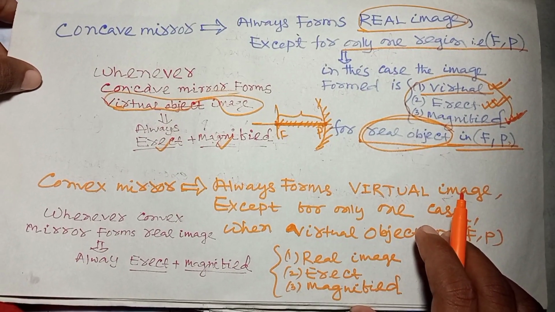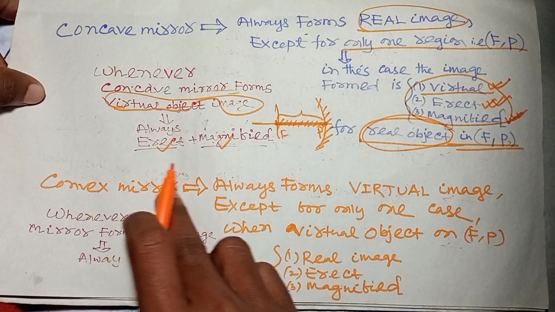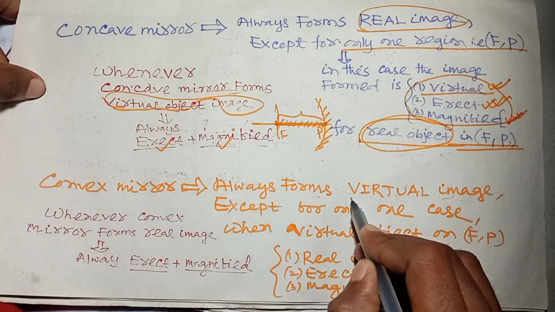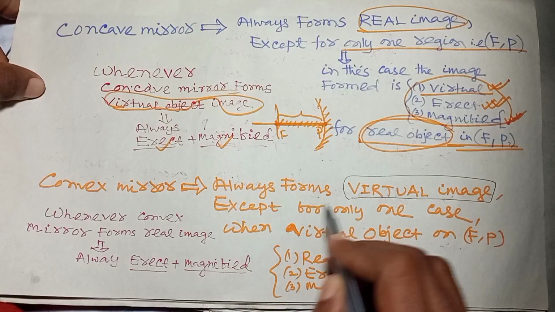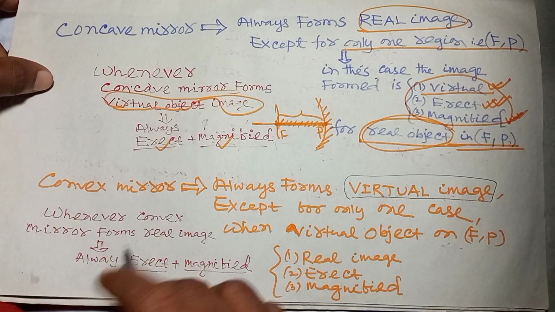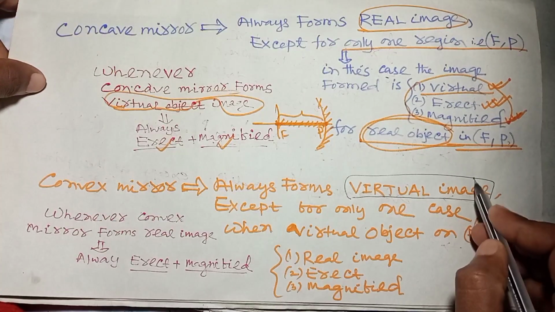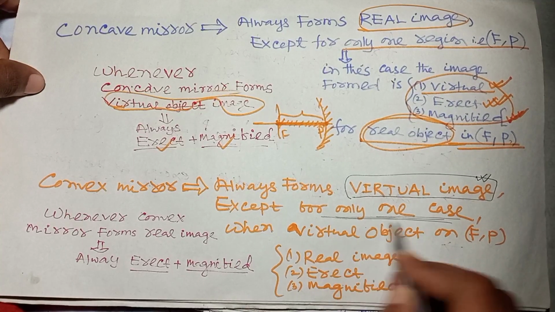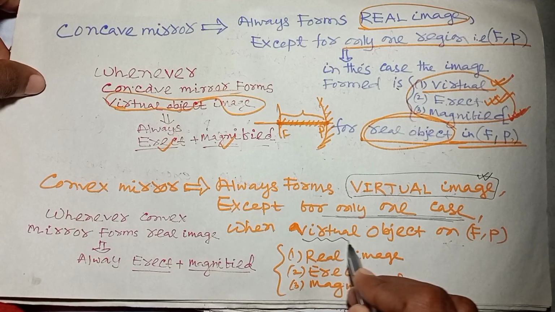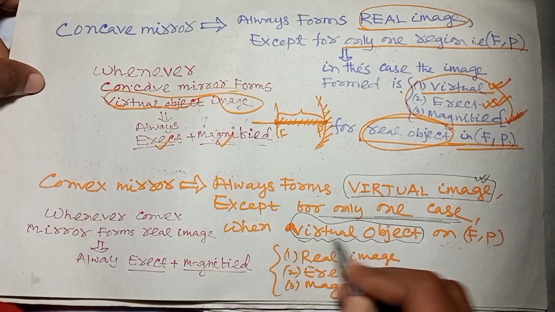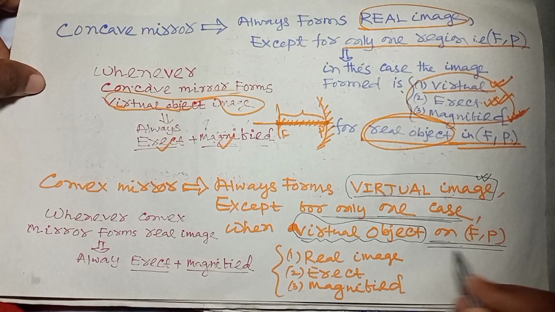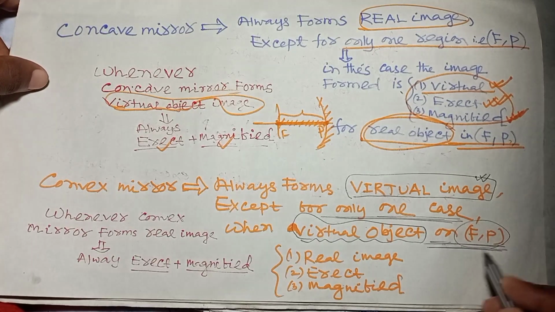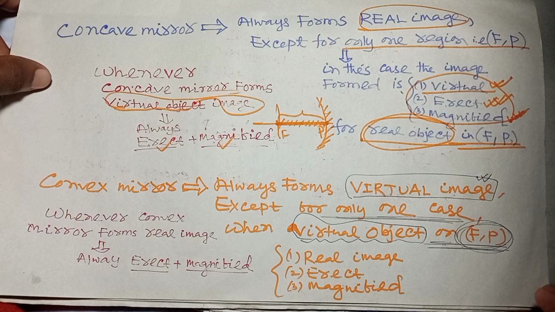Similarly, a convex mirror always forms a virtual image, except for only one case, and that is when a virtual object is between focus and pole.